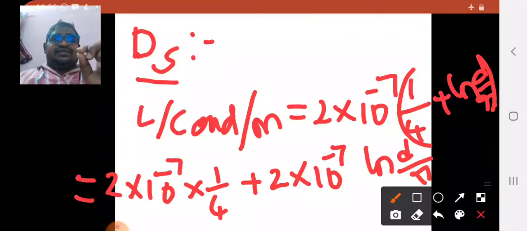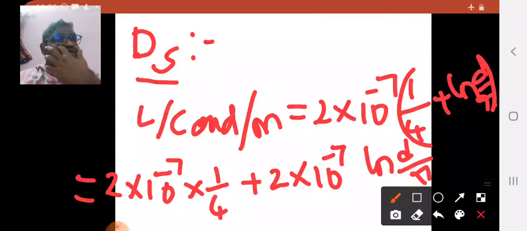Consequently, inductance due to internal flux would be 0 and the term 2 into 10 power minus 7 into 1 by 4 shall be eliminated. The radius of this equivalent hollow cylinder must be sufficiently smaller than the physical radius of the conductor to allow room for enough additional flux to compensate for the absence of internal flux linkage.